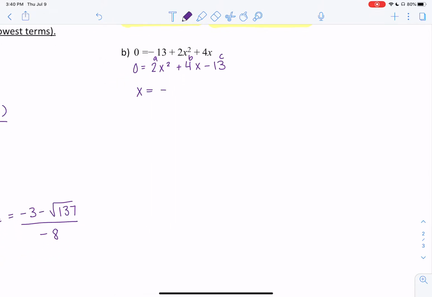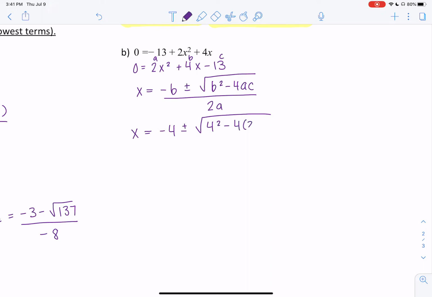x equals negative b plus or minus the square root of b squared minus 4ac all over 2a. And now we just fill in our values. That will give us negative 4 plus or minus the square root of 120 all over 4.